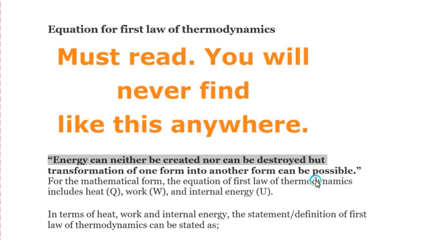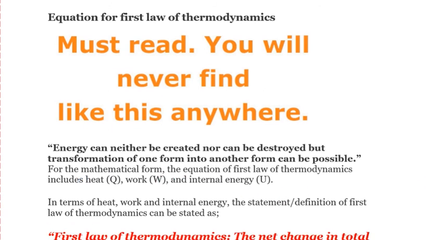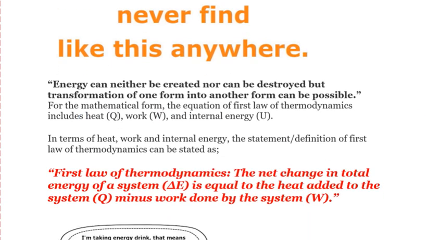Now, for our mathematical form, the equation of the first law of thermodynamics includes heat, of course. We also have work. We have internal energy. And these are the variables that we will use in order to understand this. In terms of heat, work and internal energy, the definition of the first law of thermodynamics can be stated as.